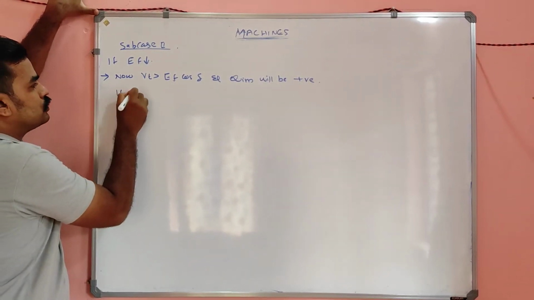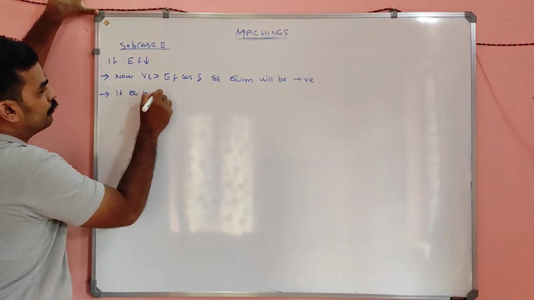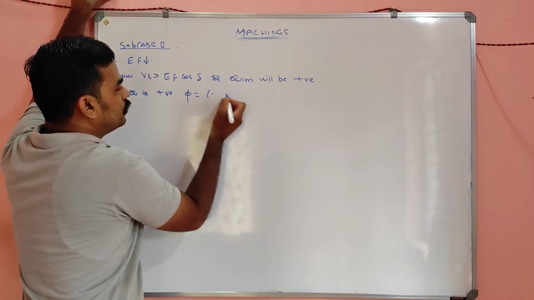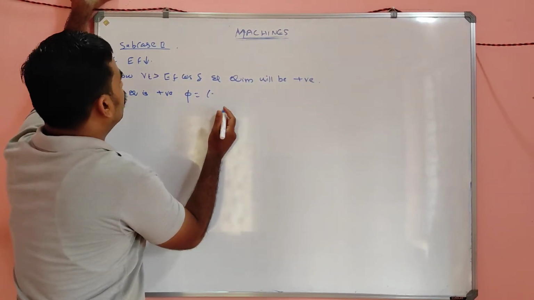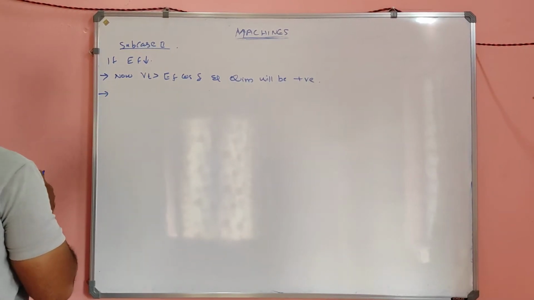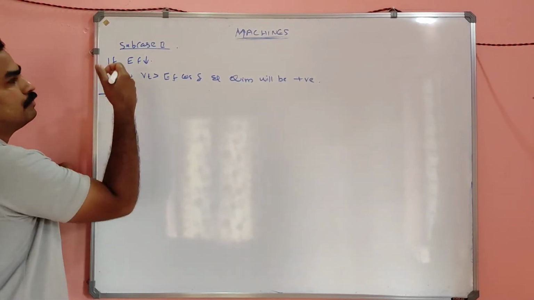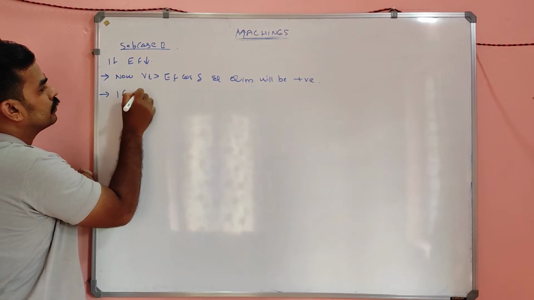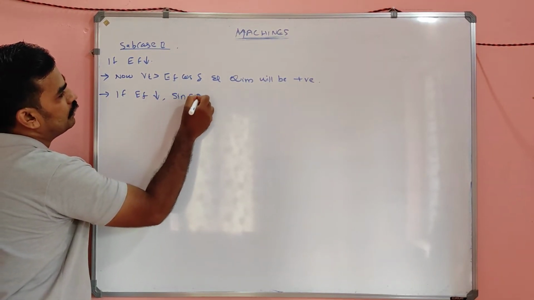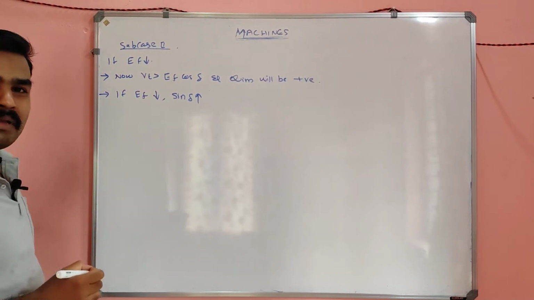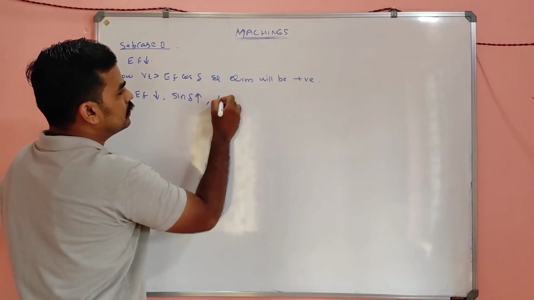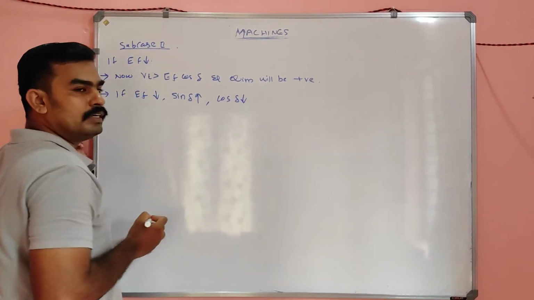If Q is positive, phi will be equal to what, my dear? If Ef decreases, sin delta will increase in order to keep P constant, correct? Ef decreases, sin delta increases, so automatically cos delta also decreases.